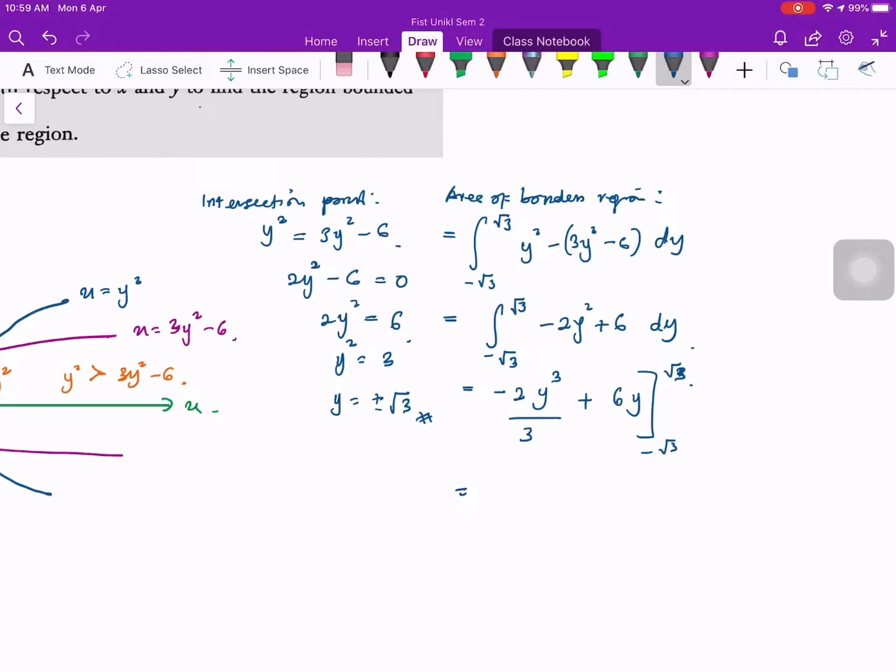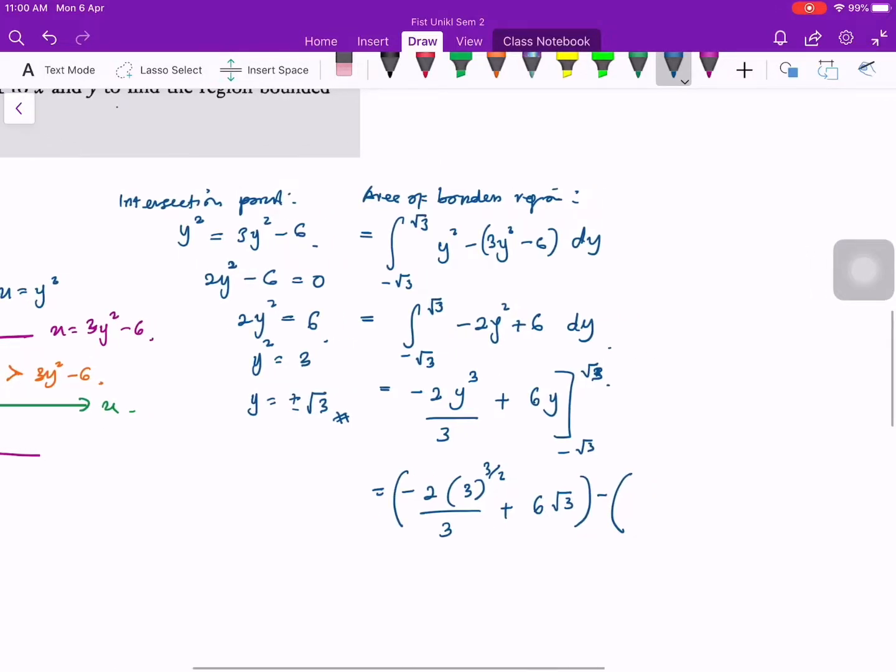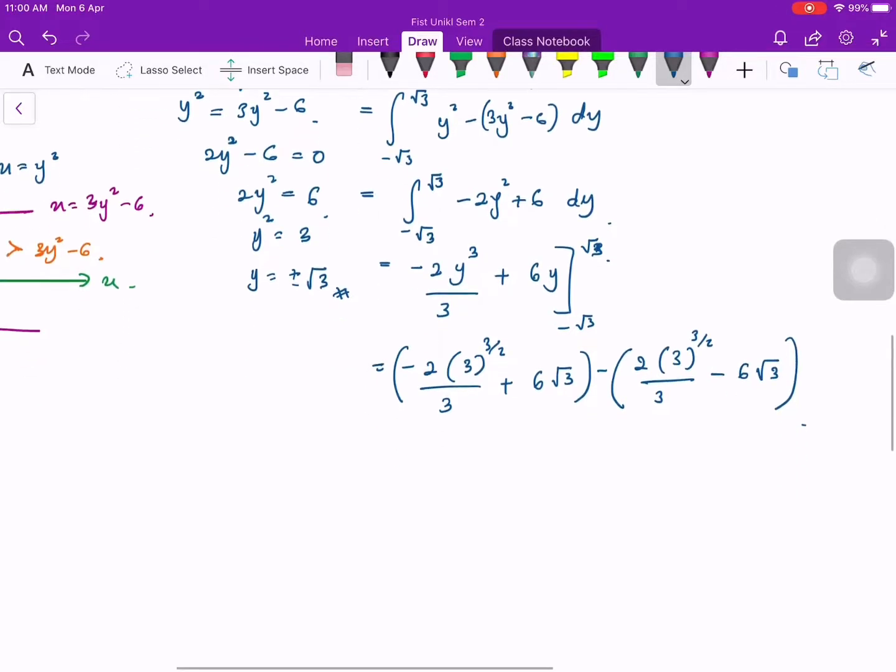We have minus 2 times root 3 to the power of 3 over 3, plus 6 root 3, minus, now we have negative so it becomes positive, root 3 to the power of 3 over 2 over 3, then here becomes minus 6 root 3.